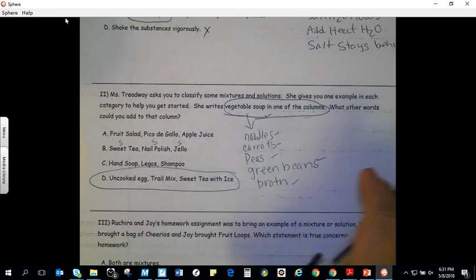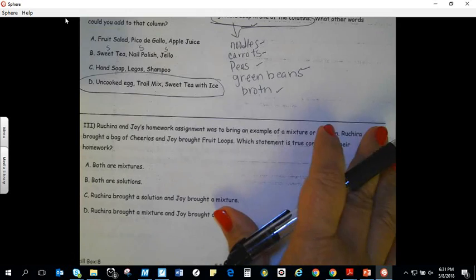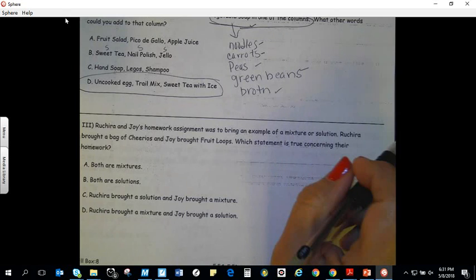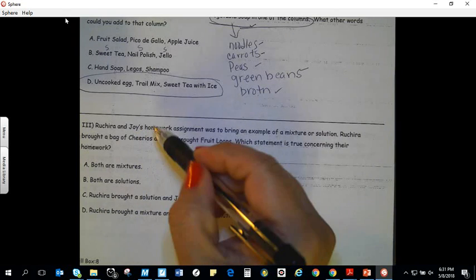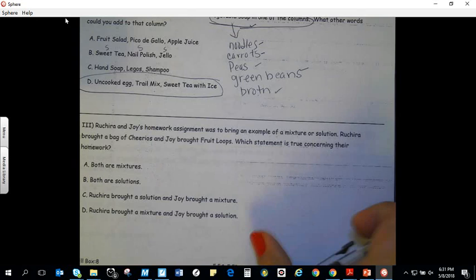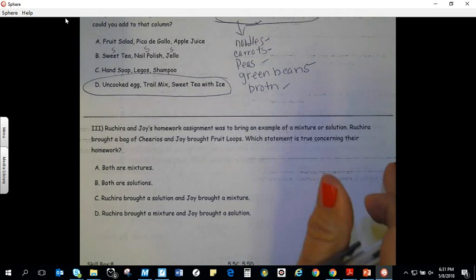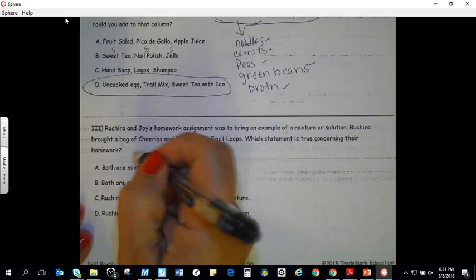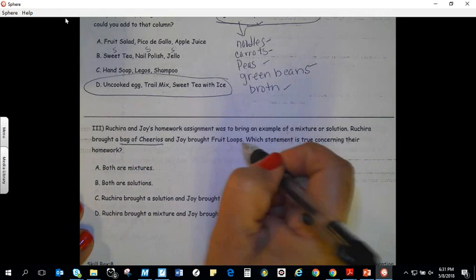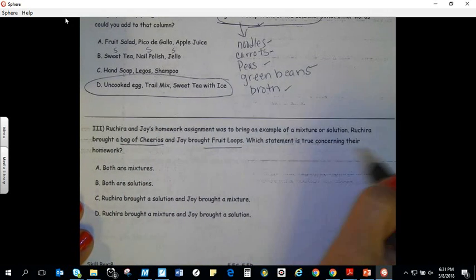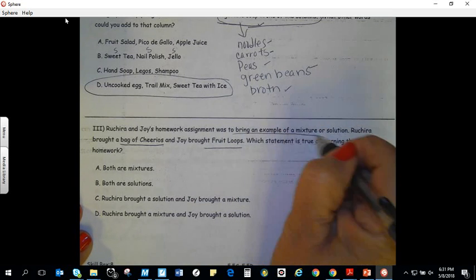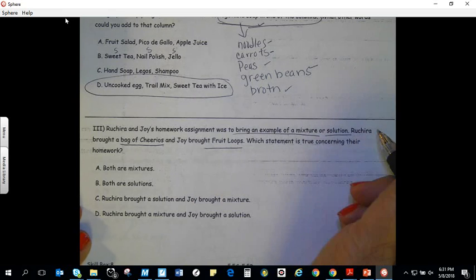All right, let's look at this one. Ruchita and Joy's homework assignment was to bring an example of a mixture or solution. Ruchita brought a bag of Cheerios. Oh, that's scrumptious. And Joy brought Fruit Loops. Which statement is true concerning their homework?